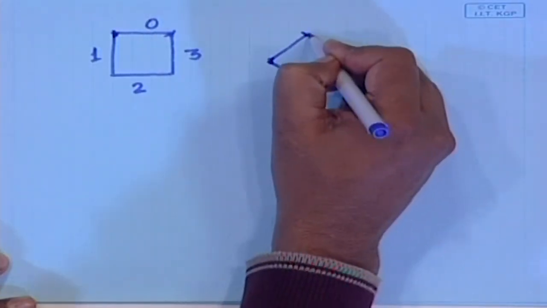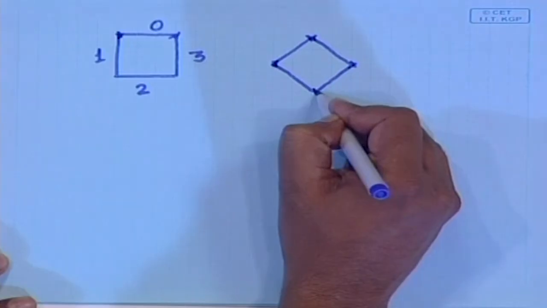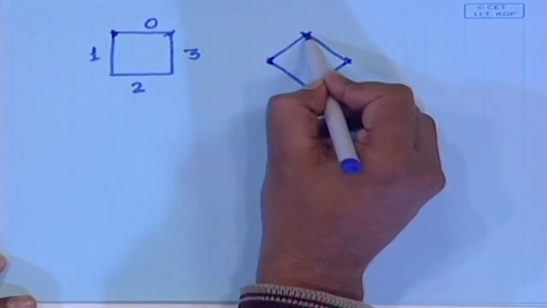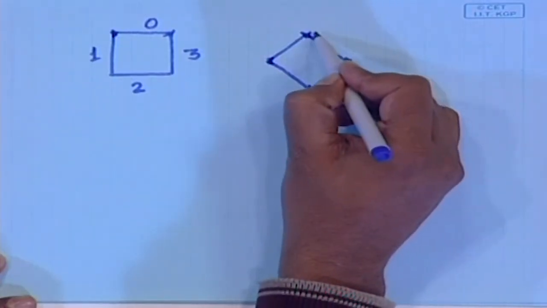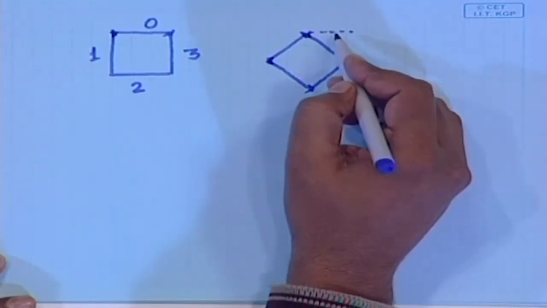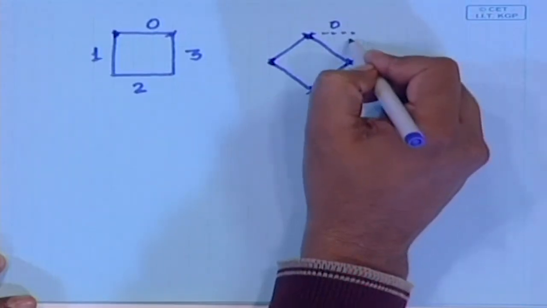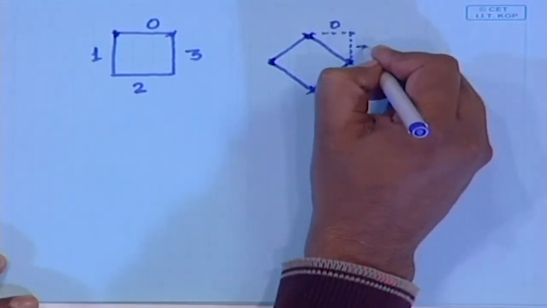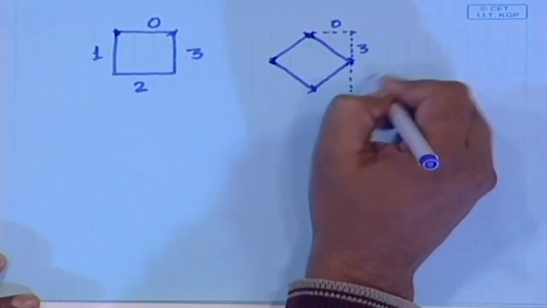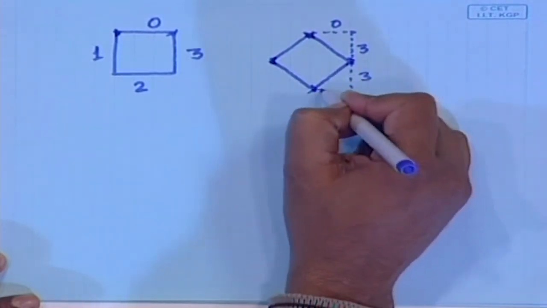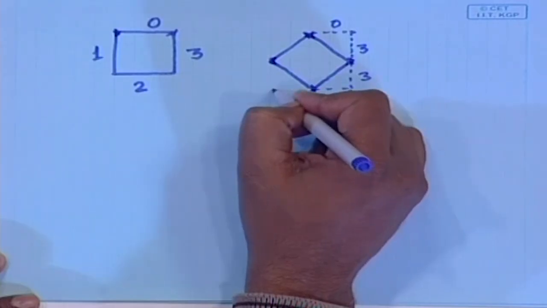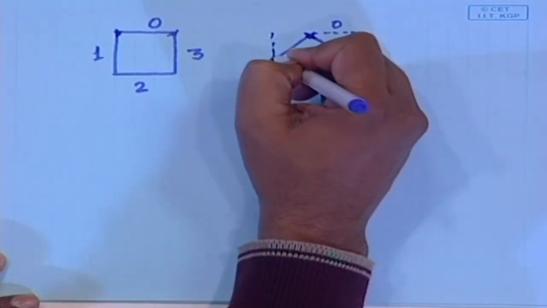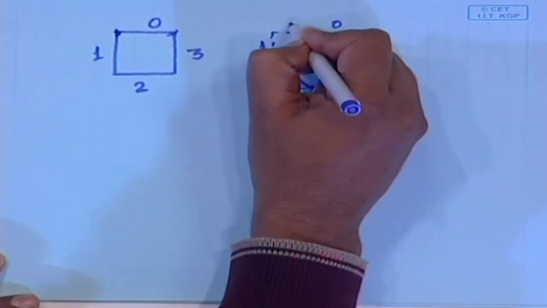This is one boundary point, this is one boundary point, this is one boundary point, this is one boundary point. Assuming that this is my starting point, I have to make a movement over here, which gives me 0. I have to make a movement over here, which gives me 3. I have to make a movement over here, which gives me 3 again. Movement over here, 2. Movement over here, 2. Movement over here, 1, 1, 0.